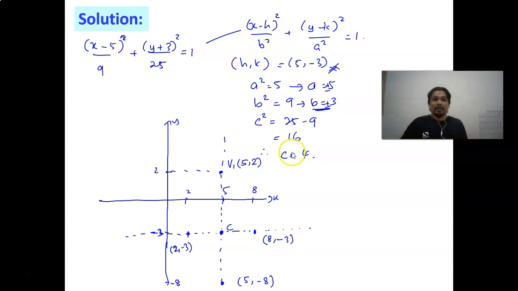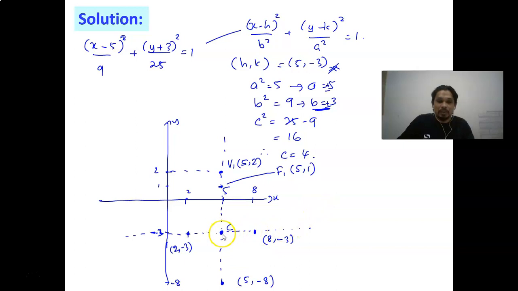Okay, there you go. And c equal to 4. So from the center of this point here, negative 3, move 4 units upward. So c moves 4 units here, it ends up at 1. So F1 equal to x is still 5, and the coordinate of y here, from negative 3 plus 4, equal to 1.